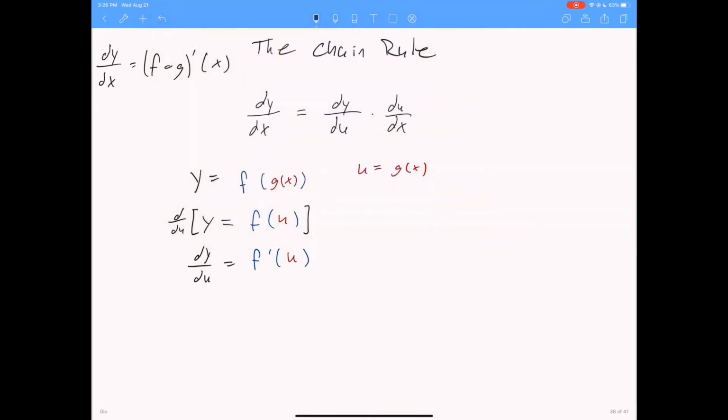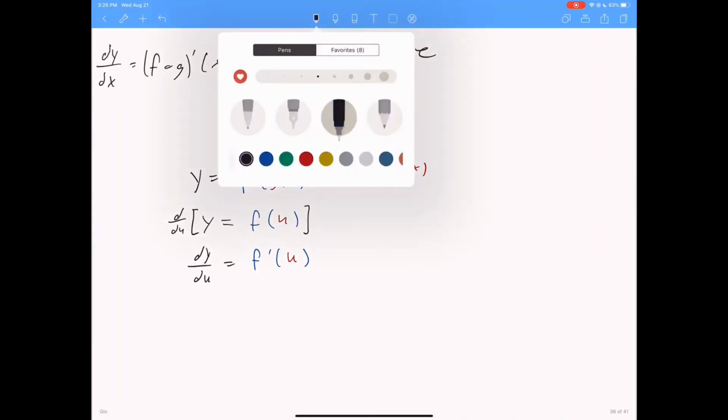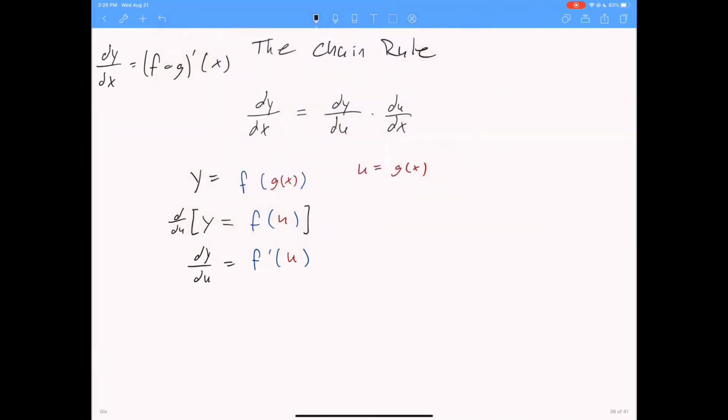So we're almost there. We have dy du, not dy dx. I can just use the chain rule and multiply it by du dx. Again, the notation will help us see. Let me multiply on both sides first by du dx.